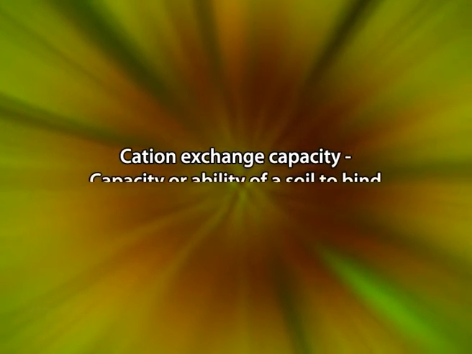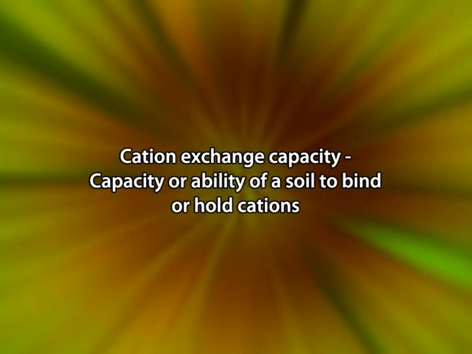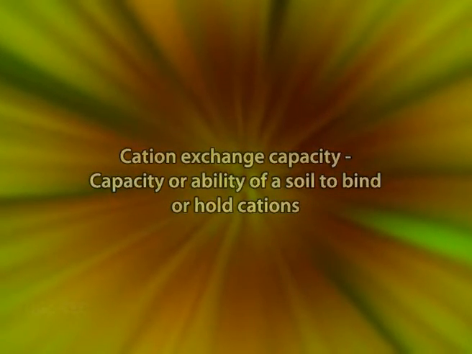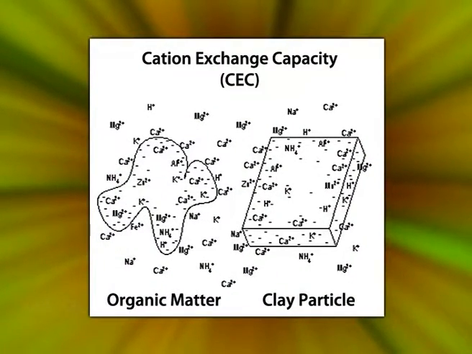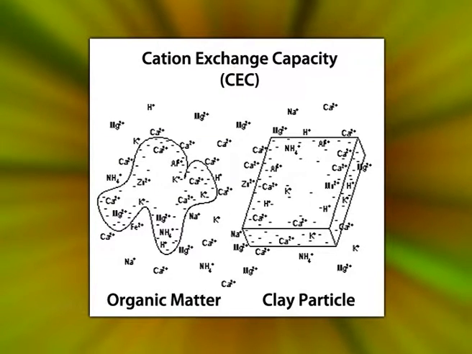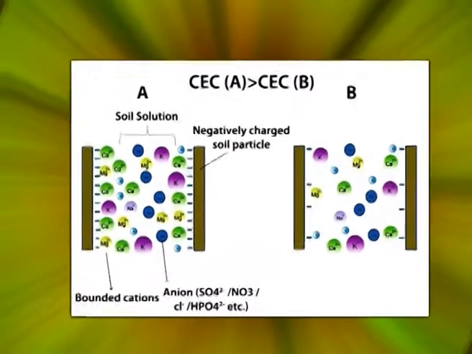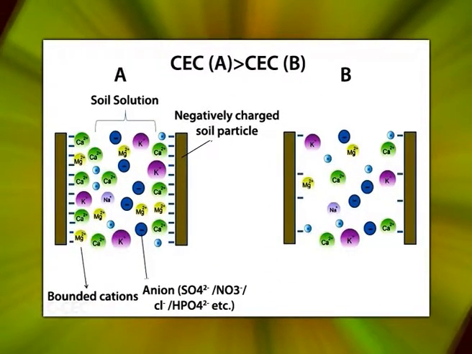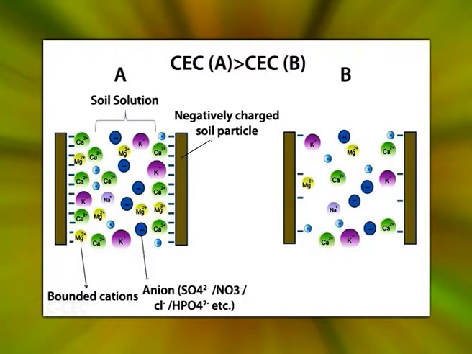Another important soil property is the cation exchange capacity. The cation exchange capacity of a soil refers to its capacity or ability to bind or hold cations. This property of soil depends on the texture, that is the proportion of clay particles, and the organic matter content of a soil. Clay particles have a net negative charge and thus a lot of cations bind to the clay particles.